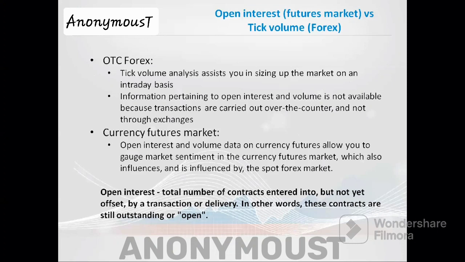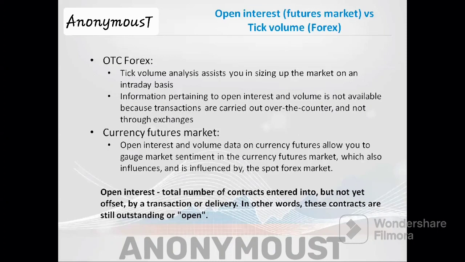Now, the currency futures market. Open interest and volume data on currency futures allow you to gauge the market sentiment in the currency futures market, which also influences and is influenced by the spot market. Whenever you talk about a futures market, the underlying asset is always the spot market.